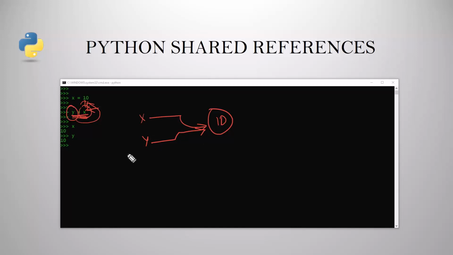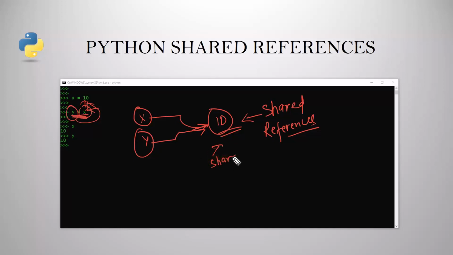This scenario in Python, multiple names referencing the same object, is usually called shared references, and sometimes just shared object. So we can say this object is shared by both x and y.